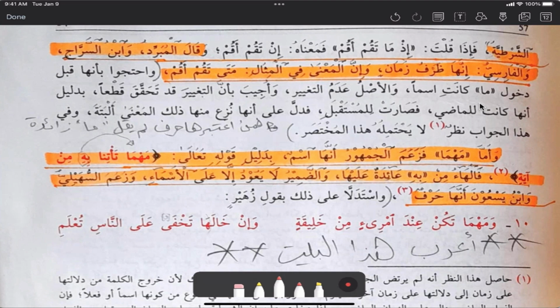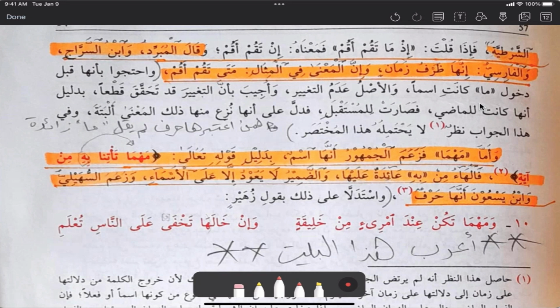It's a prepositional nominal, a time zarf, an envelope of time. So it's a nominal. So it means when, basically. When you stand, I stand. Meaning at the time you stand, I stand. So it's slightly different there.